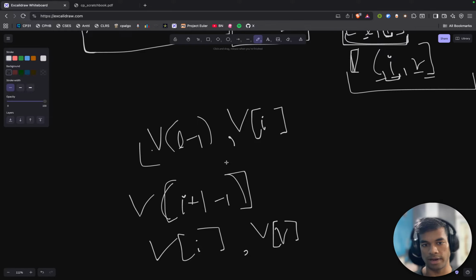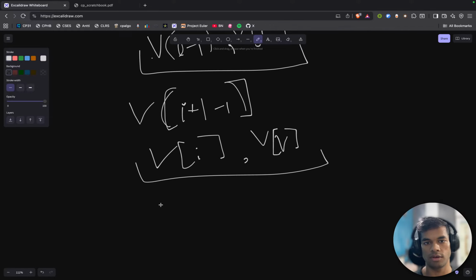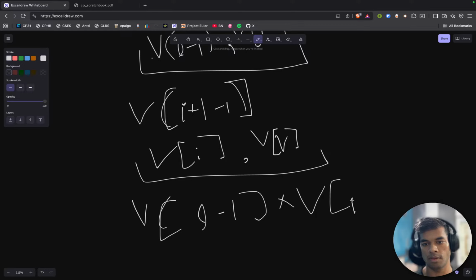If we are multiplying two matrices with these dimensions, then the number of scalar multiplications is going to be this, multiplied by VI multiplied by VR. This is R, this is R, and this is V.